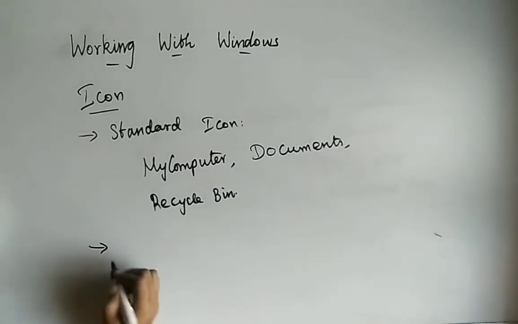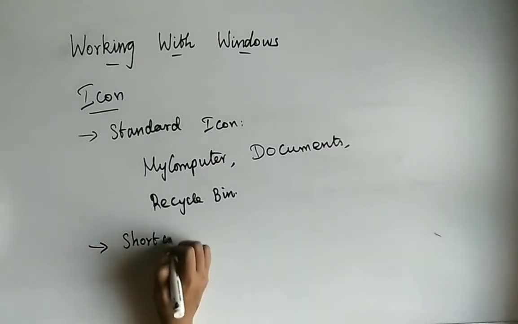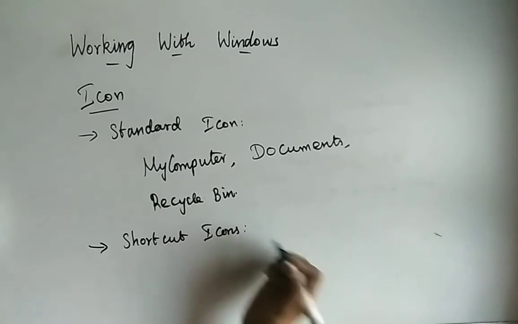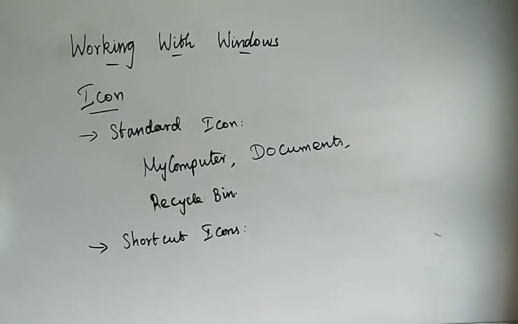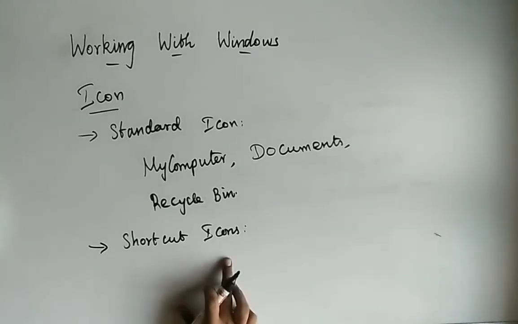And the next one you are going to have is shortcut icons. By the name itself, for any application or file or folder you are willing to have, you can create a shortcut. That shortcut will be displayed on the desktop for you. So that is called your shortcut icon.